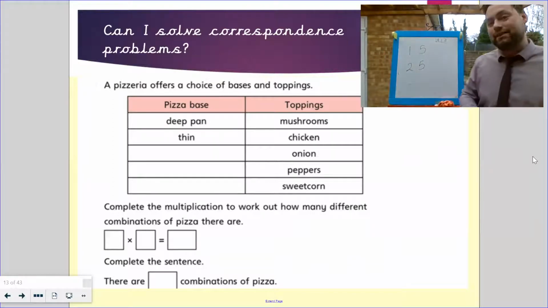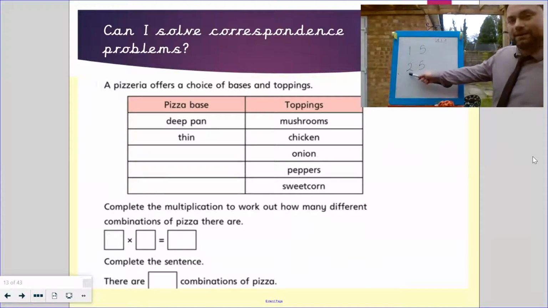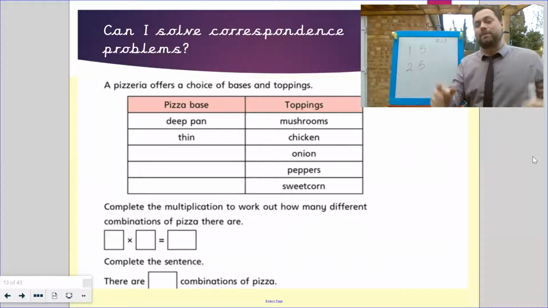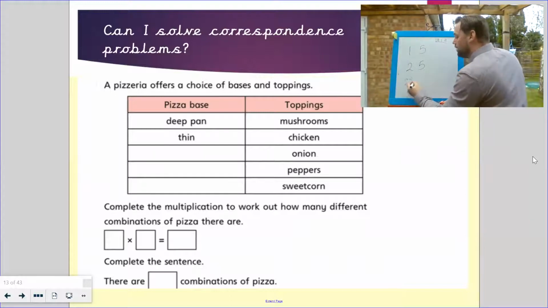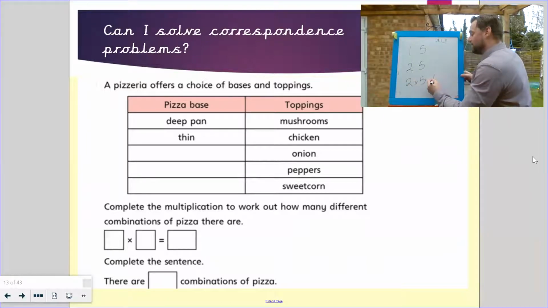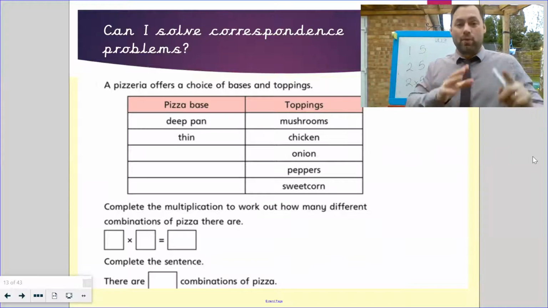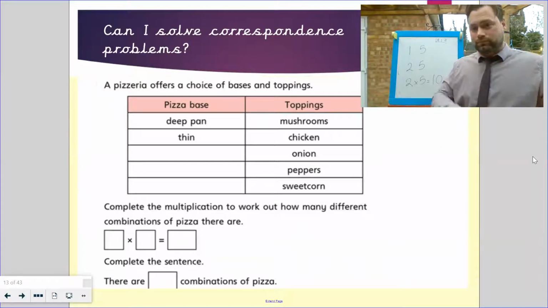Now let's work out the combinations. Because we've got 2 bases and we've got a choice of 5 toppings in total, we need to do 2 multiplied by 5, and that will give us 10. And that will give us the 10 combinations that we can make with these bases and these toppings, right? So think of it like that.